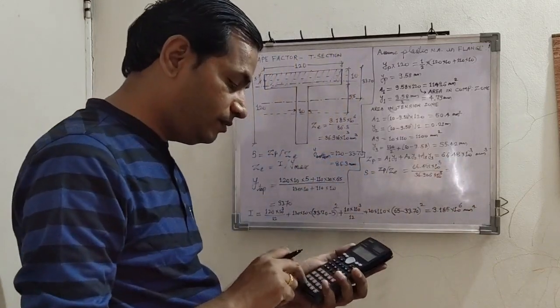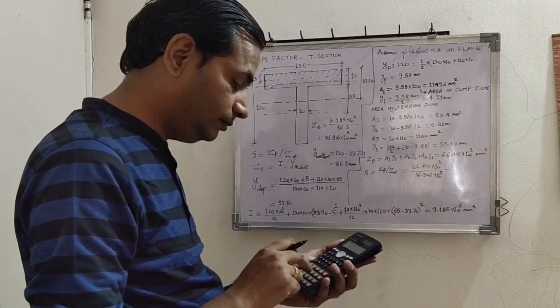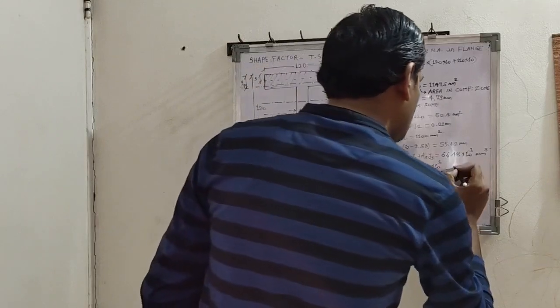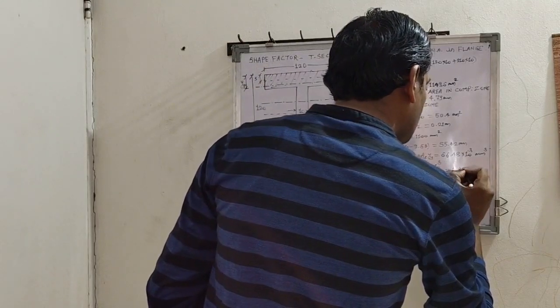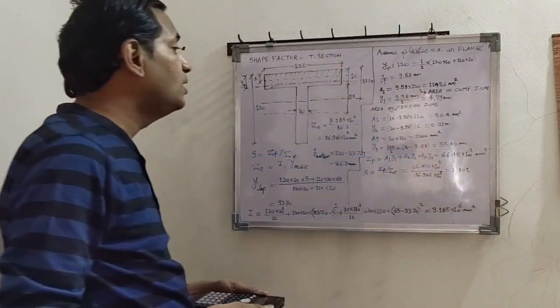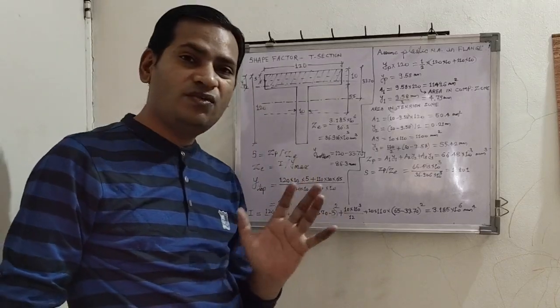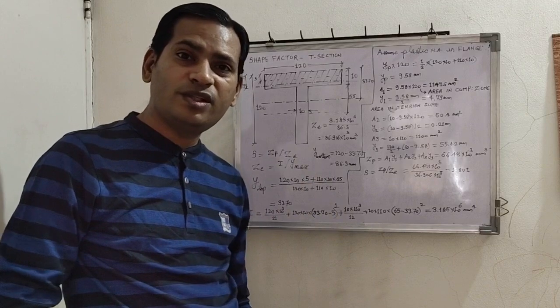Calculate this value. So 1.801. So the shape factor for this particular T section is 1.801. I hope you have understood this.